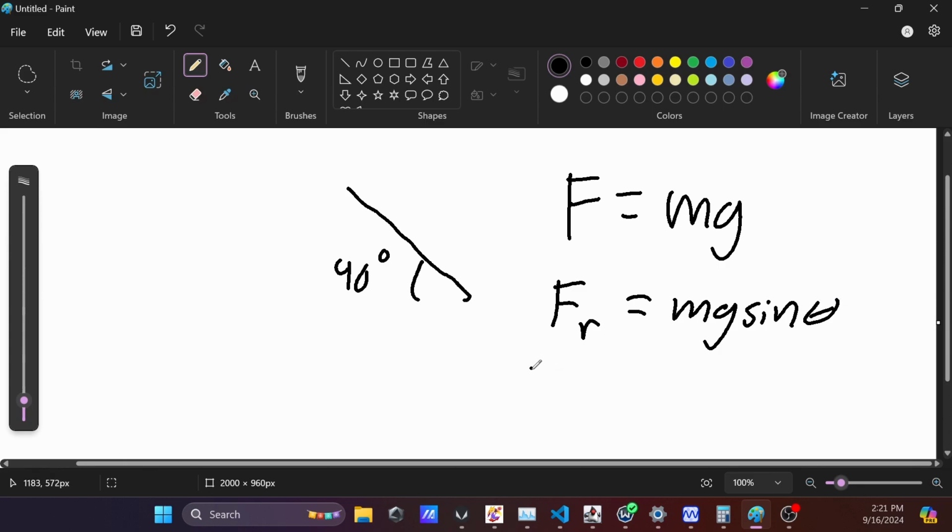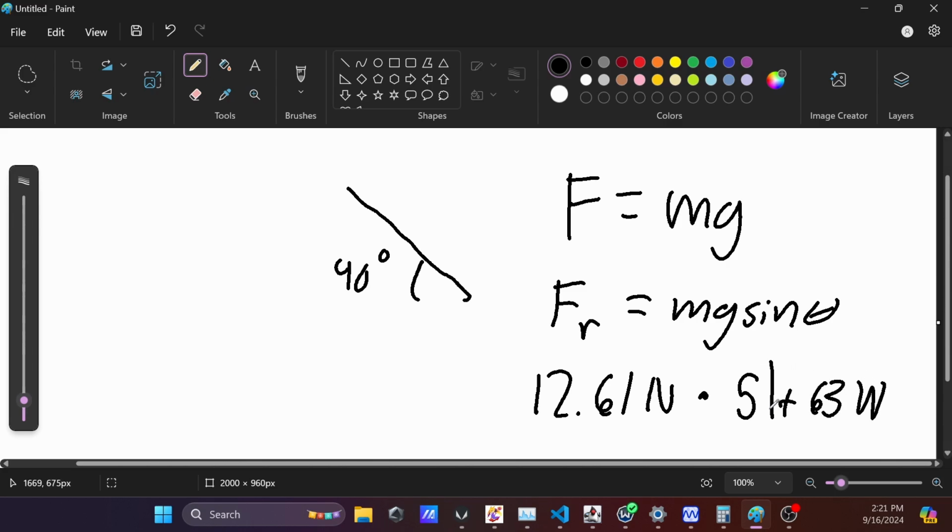Do the math on your calculator, guys. 12.61 newtons times 5 meters per second, giving us positive 63 watts, which is answer choice B.